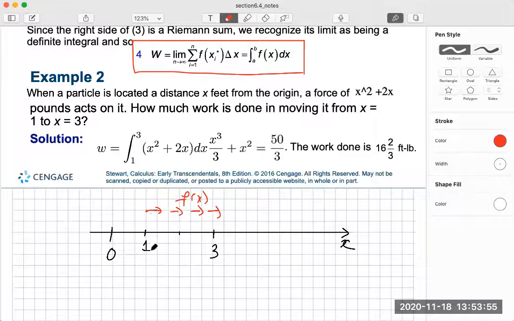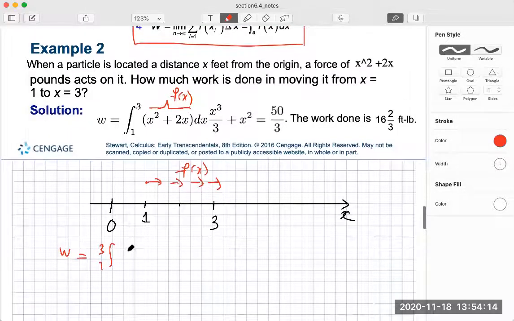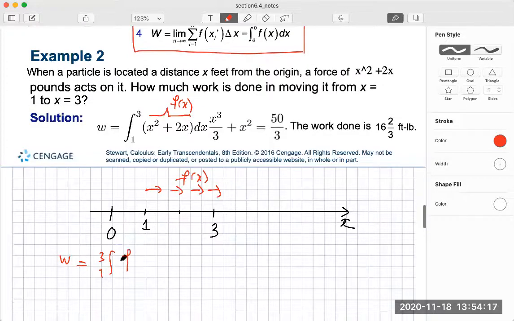Then the work done on all these particles will be the integral from 1 to 3 of the force here, where it is given that F is x squared plus 2x, dx.